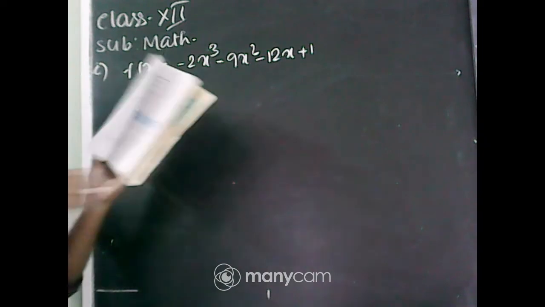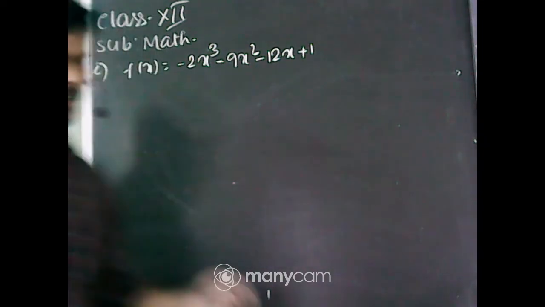We have to find out the interval where the function is strictly increasing and strictly decreasing.